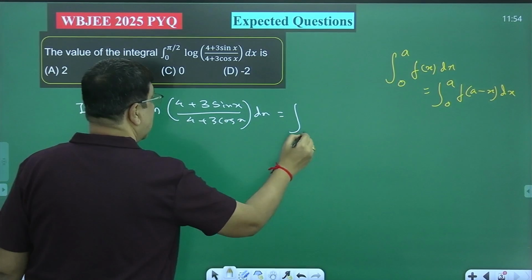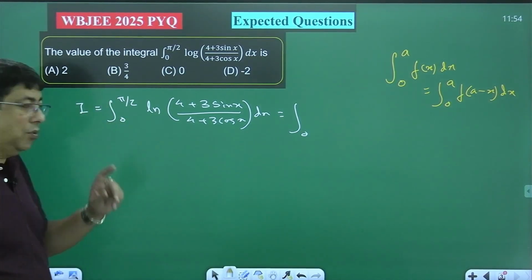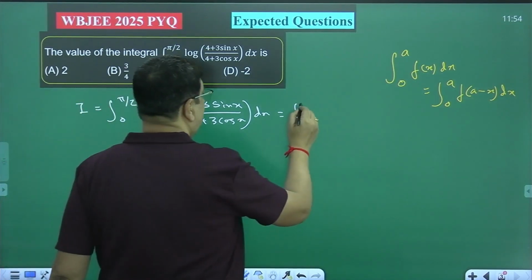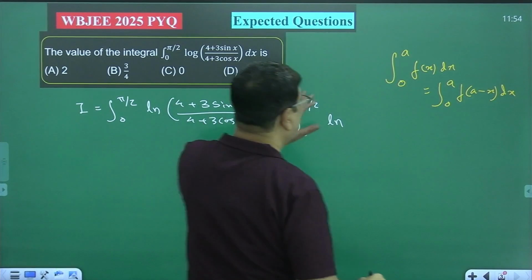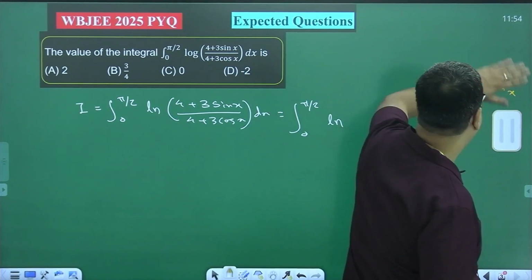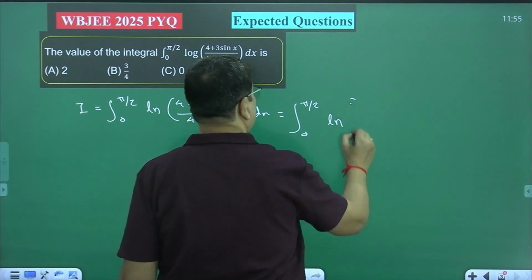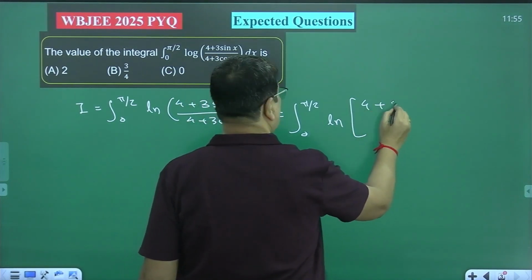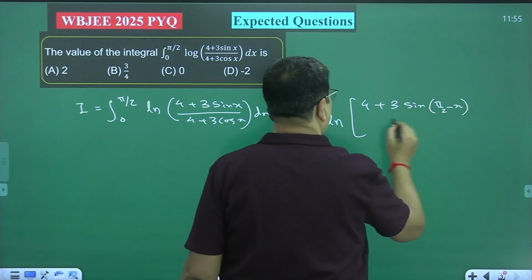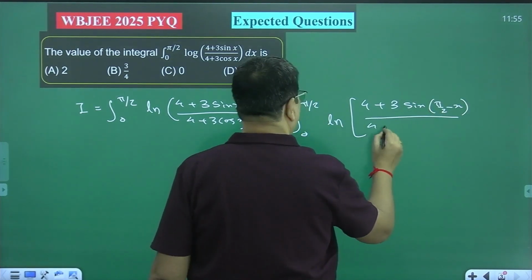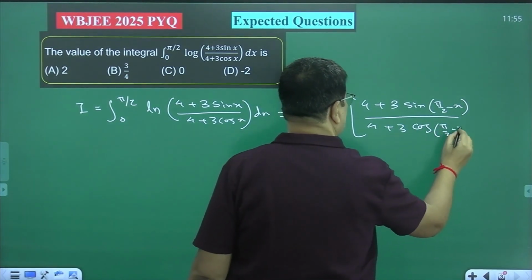So if I apply the king property, in this case 0 to a, a is pi by 2. Therefore 0 to pi by 2 log of (4 plus 3 sin(pi by 2 minus x)) by (4 plus 3 cos(pi by 2 minus x)).